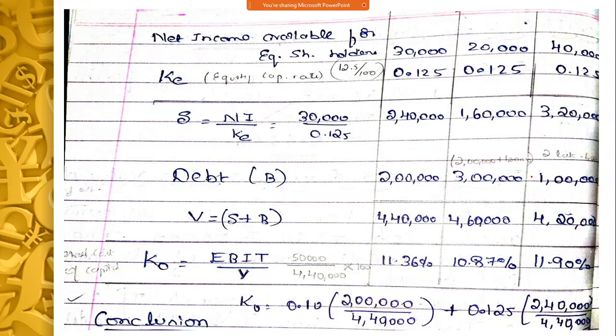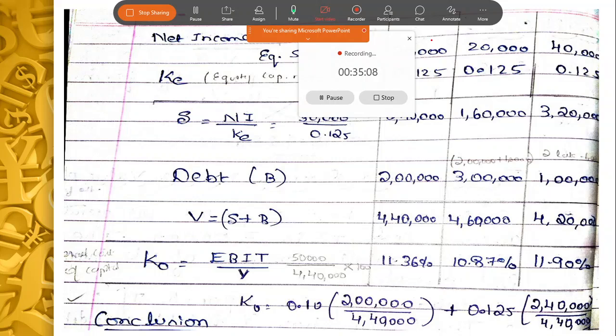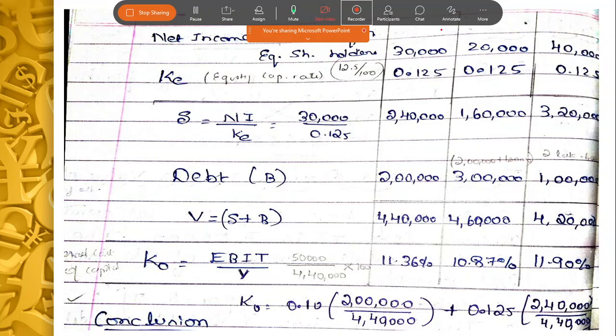The net income available for equity shareholders under scenario A, or situation A, is 30,000, under situation B it is 20,000, and under situation C it is 40,000.